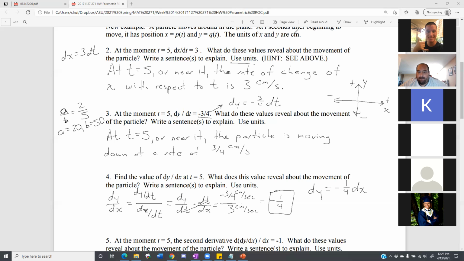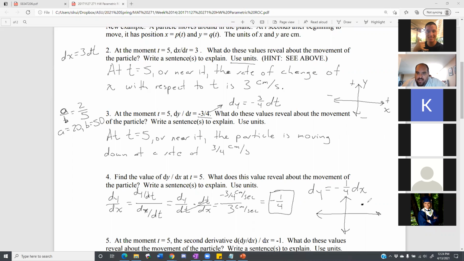Is there a way to tell which direction it's going, like horizontally, just by looking at dy over dx? Yes and no. I don't know where this thing is at t = 5, because all we know is rates of change. But let's say the particle is right here.